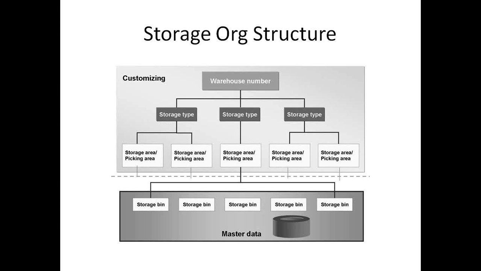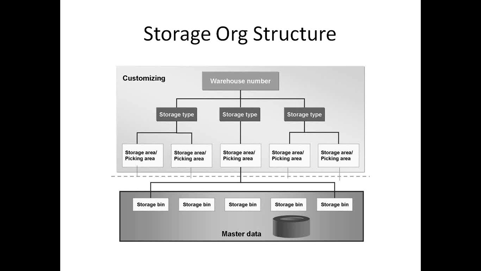After that, the next level: the storage type is again divided into storage areas and picking areas. Storage areas are divided into storage bins. The storage bin is the location where the stock is maintained, and the storage bin is further divided into quants.